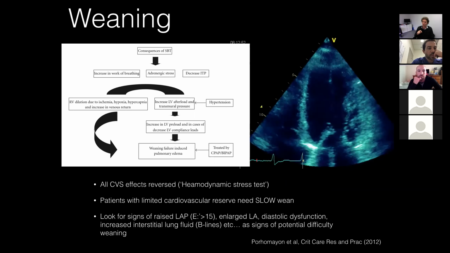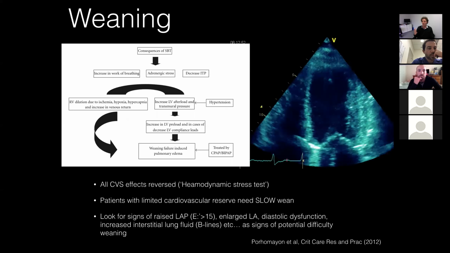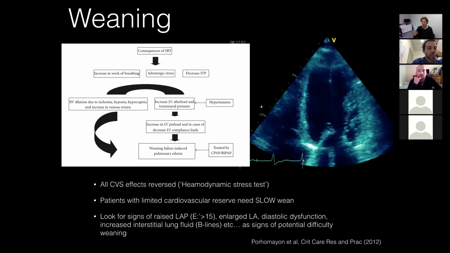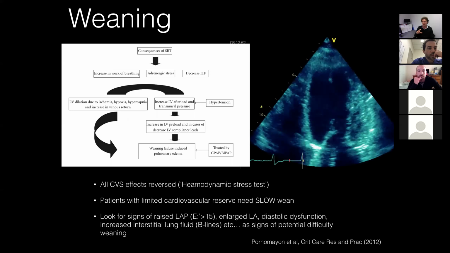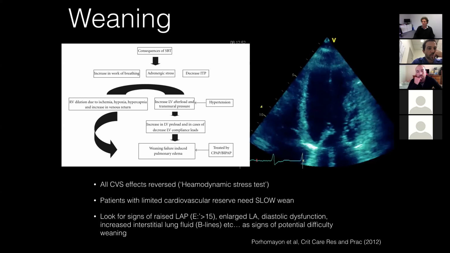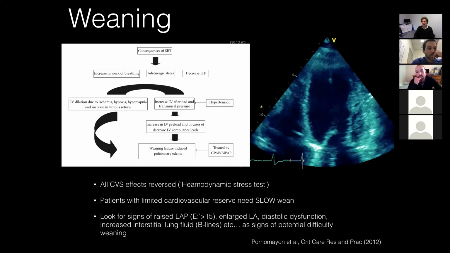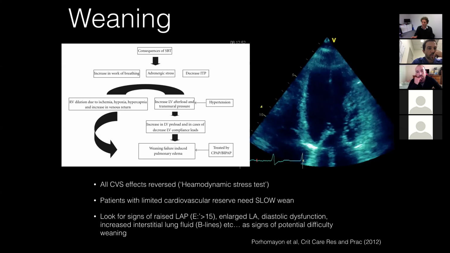Those are the ones I most commonly do a spontaneous breathing trial on, and by that I mean just drop them down to 0 and 5, and just have them on CPAP, low CPAP, or turn off their tube compensation. And again, I don't have a lot of evidence behind that, but it just makes physiological sense to me.